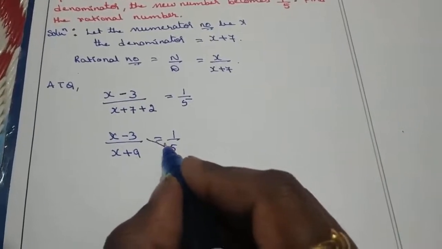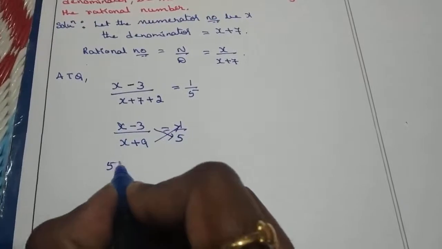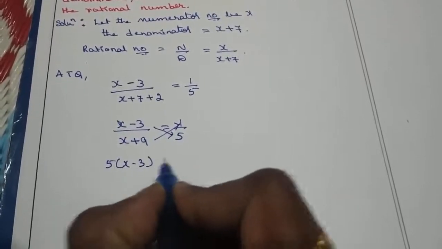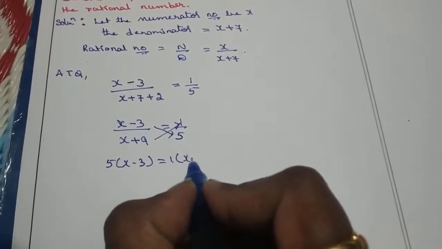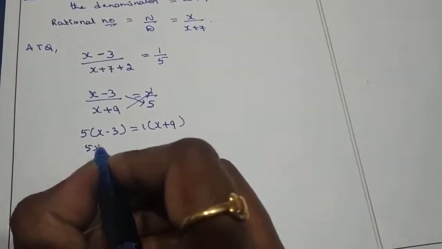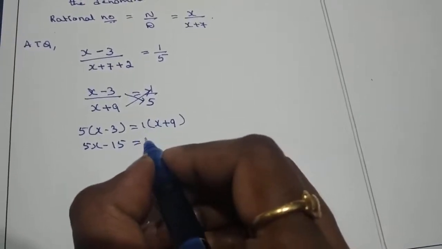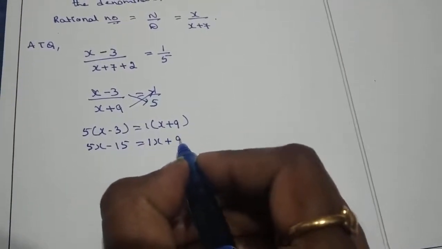Then we'll go for cross multiplication. So 5 into x minus 3 equal to 1 into x plus 9. Then 5 into x is 5x minus 3 fives are 15 equal to 1x plus 1 into 9 is 9.